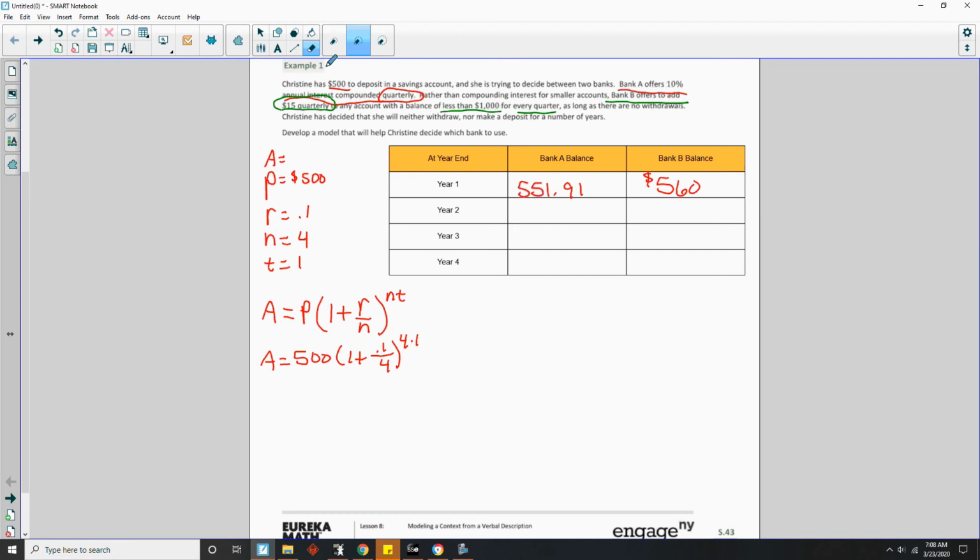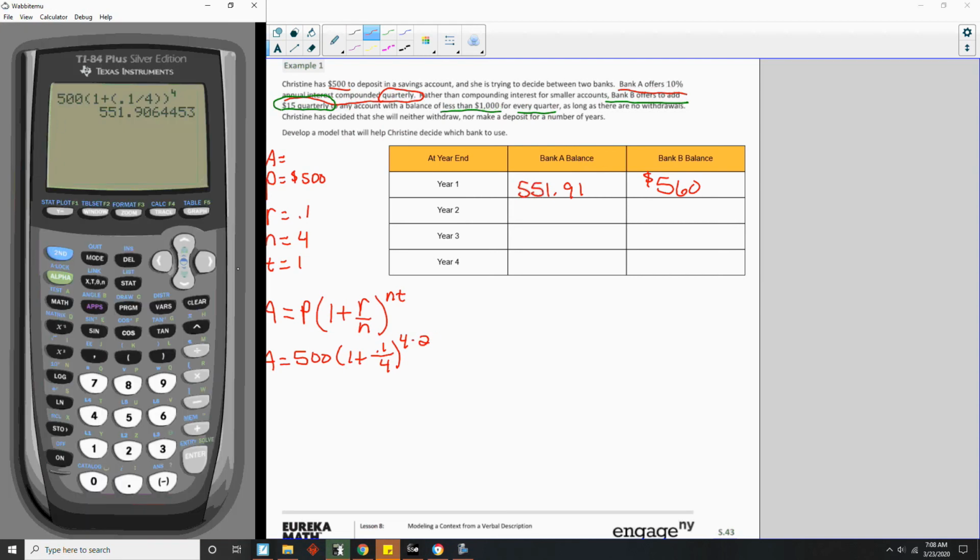So now we're going to go on to year 2. So year 2, all we would change is this times 2. So now if I go back to my calculator, and if I just hit second enter, it'll bring back my old equation again, arrow over here, and now this is 4 times 2, or 8. And then hit enter, and look how easy that is. 609.20.